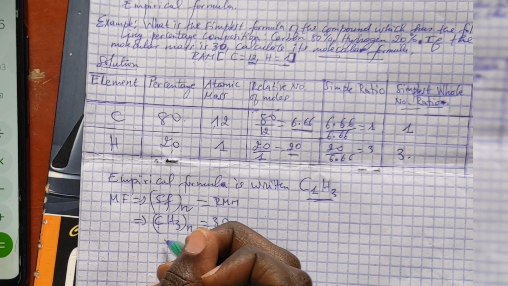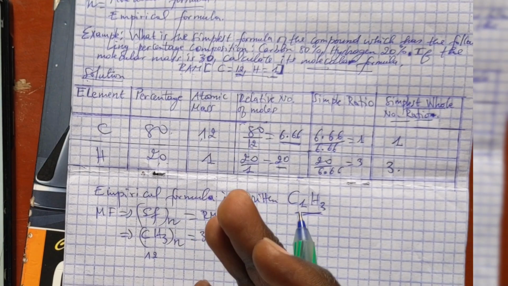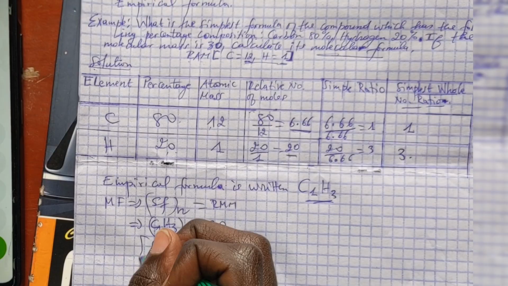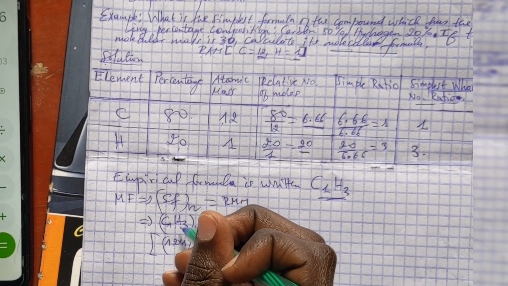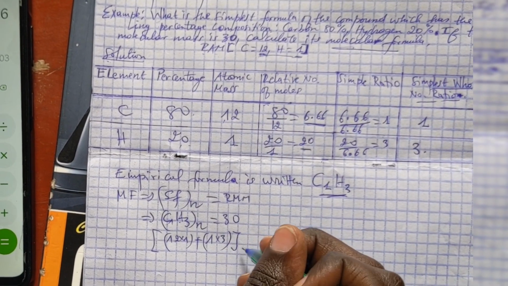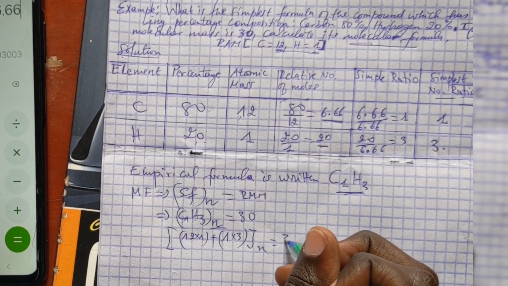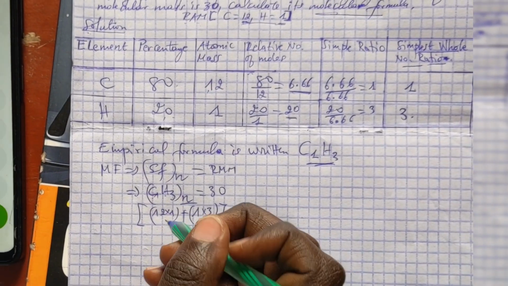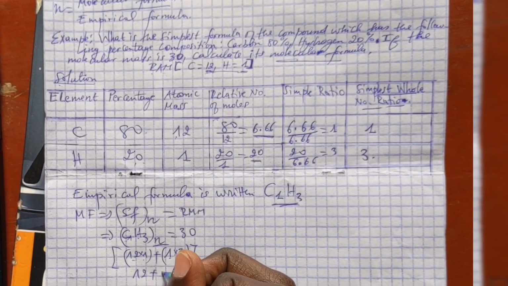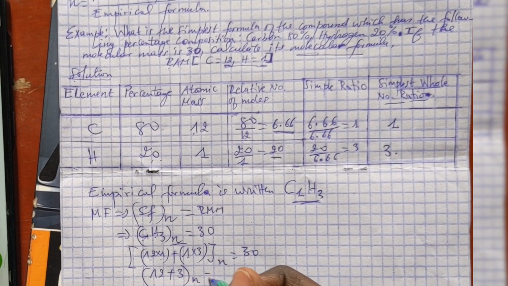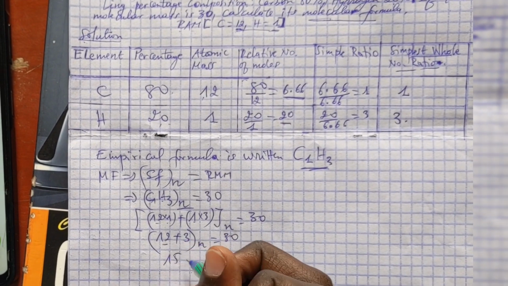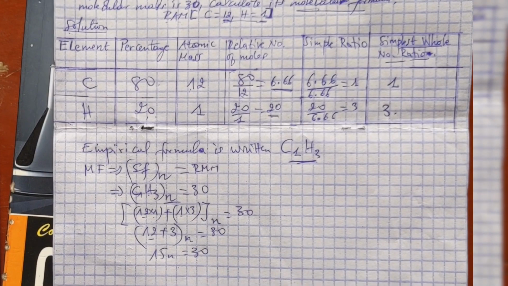The atomic mass of carbon is 12 times 1, which is 12, plus hydrogen's atomic mass 1 times 3, times n, equals 30. So 12 plus 3 gives 15 times n, which is equal to 30.